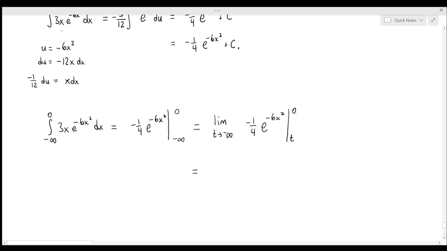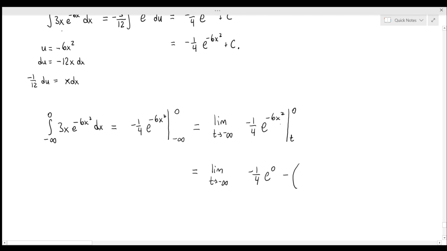So now at this point, we'll go ahead and plug in 0 for x. So when we do that, e to the 0 is 1. And then we have to minus what we get when we plug in the lower bound.